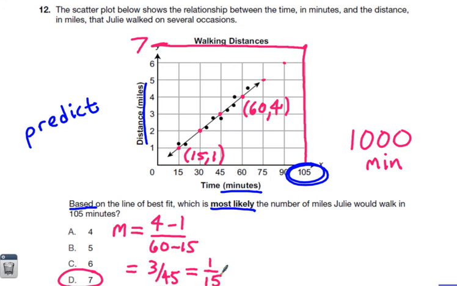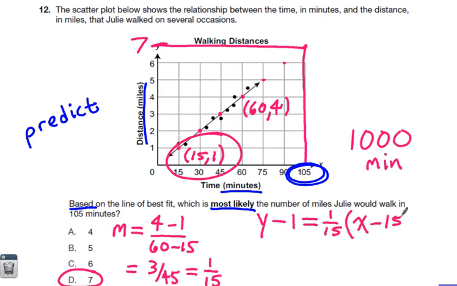All right? And now that we have a slope and a point, we can plug into point-slope form, which I'm going to use. y minus 1 equals 1/15 times (x minus 15), plugging in the 1 for y1 and the 15 for x1. And as usual, you're going to distribute and solve for y.